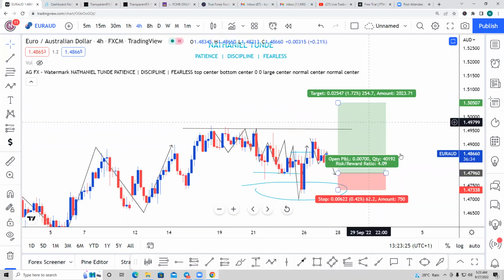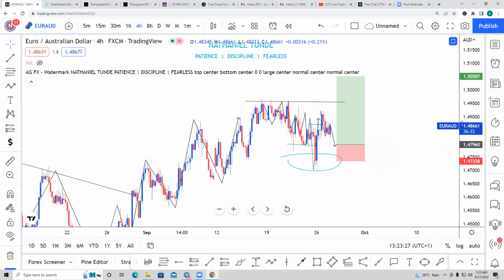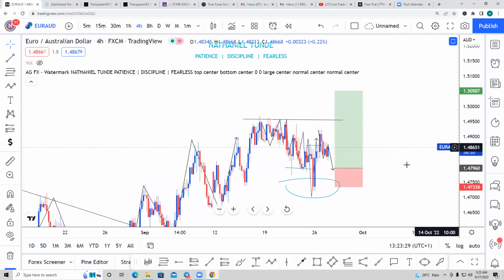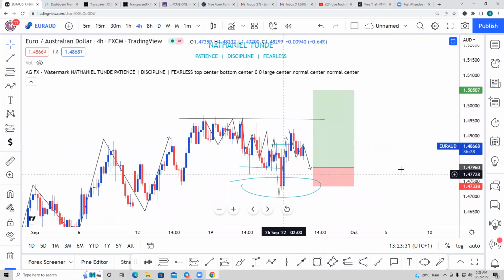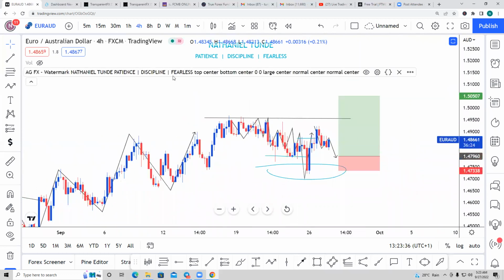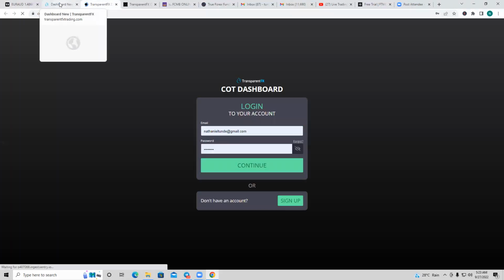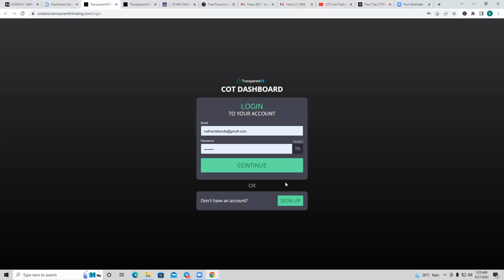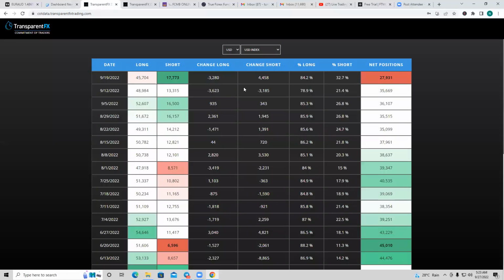So that's it, guys. And I have to confirm if there is going to be an expectation of injection from an institutional perspective on this pair. So I want to open this right here. I want to see institutional orders from the COT report.